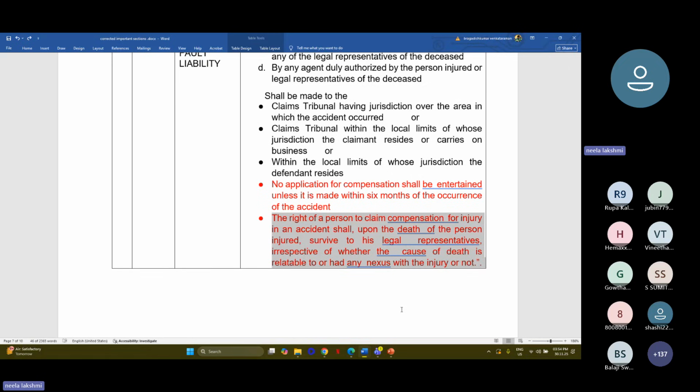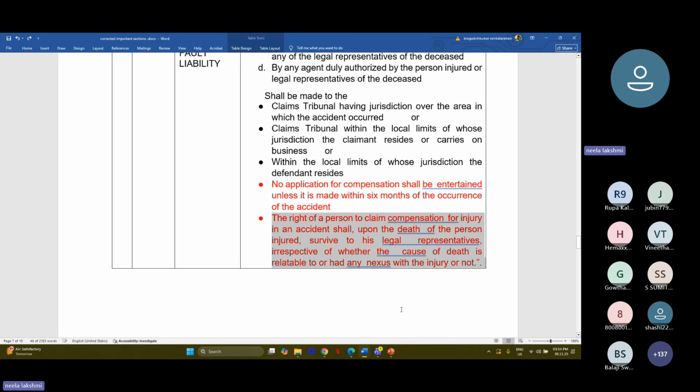If any person who has filed an application for the injuries dies during the pendency of the case, his rights are barred. Then and there, legal representatives cannot move further with the application for compensation.